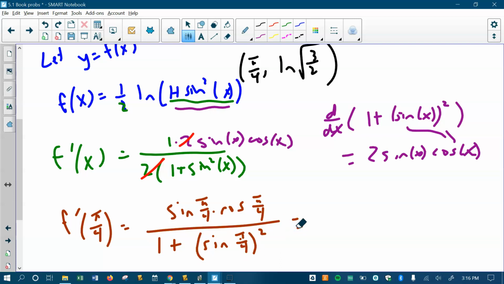Well, sine of pi over 4 is 1 over root 2, or root 2 over 2. 1 over root 2 again, squared.